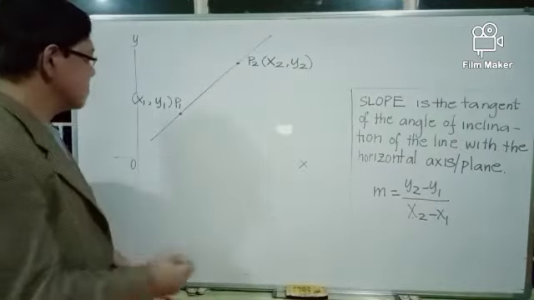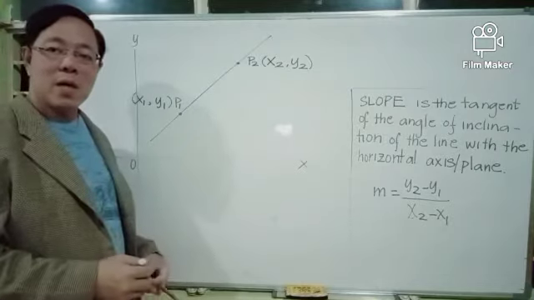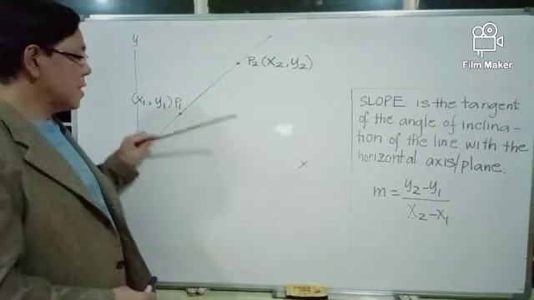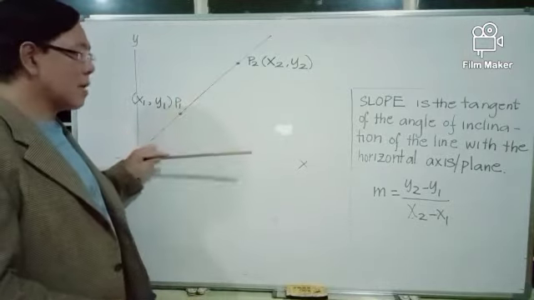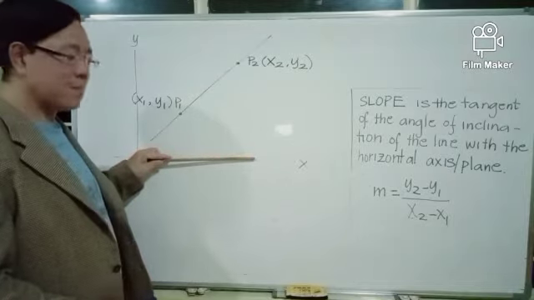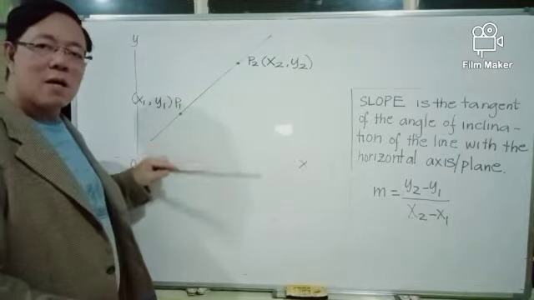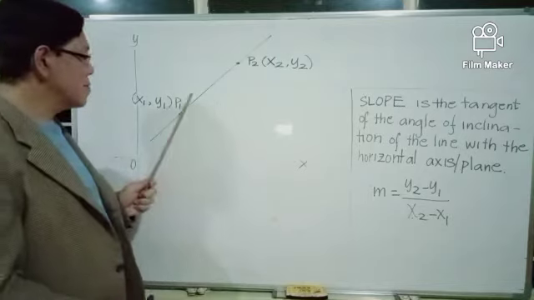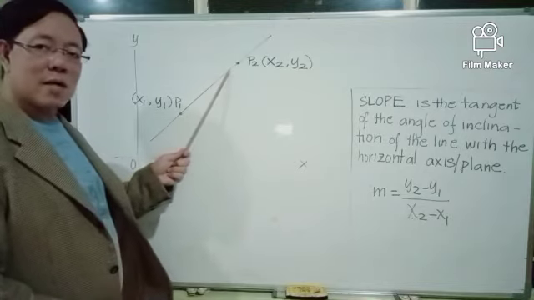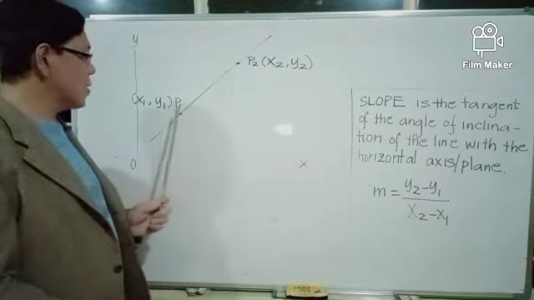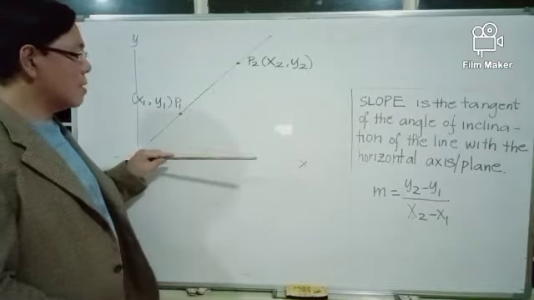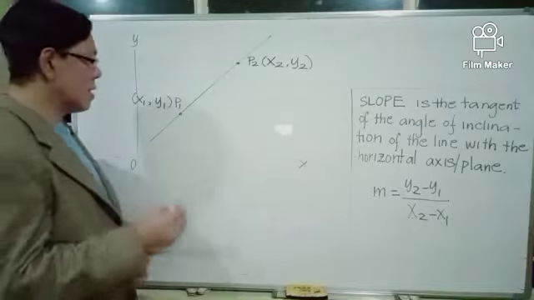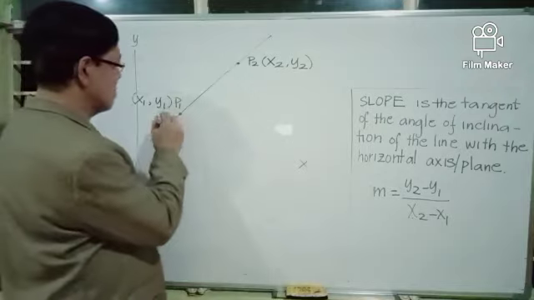And we draw a line intersecting this given line and parallel with the horizontal axis. I will draw that line intersecting this given line at the point P1 and parallel with the x-axis, and this is the line.